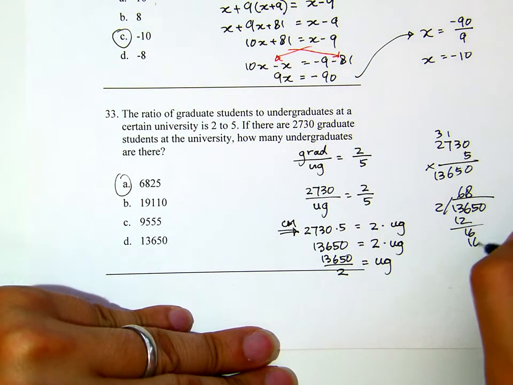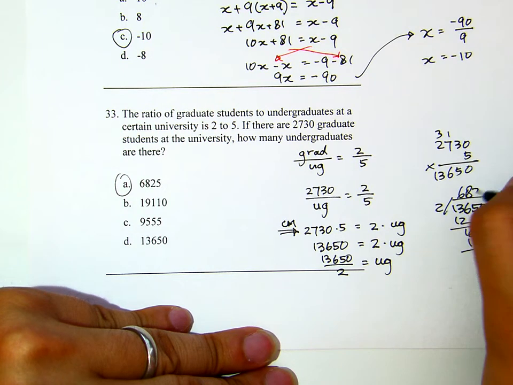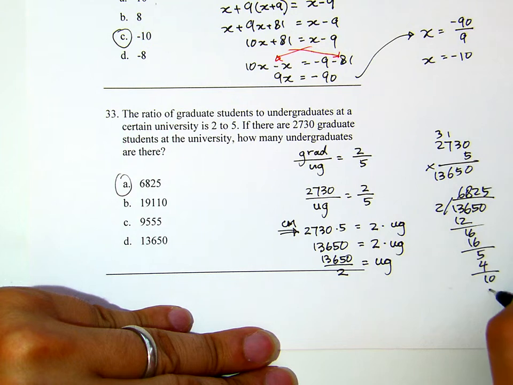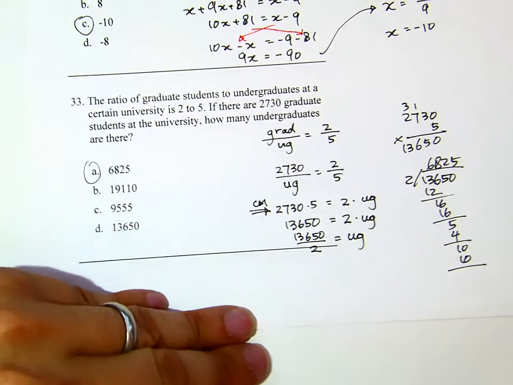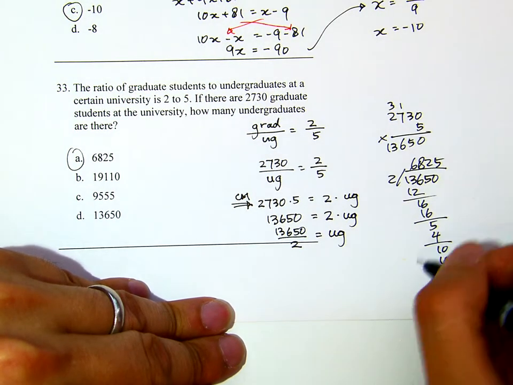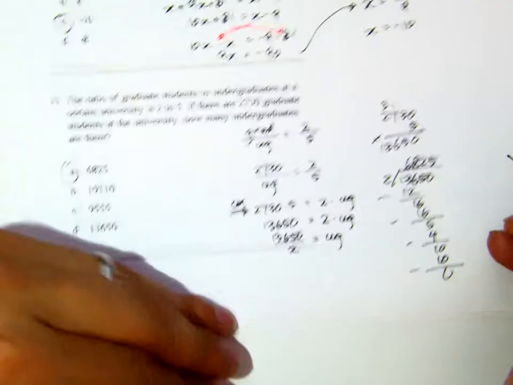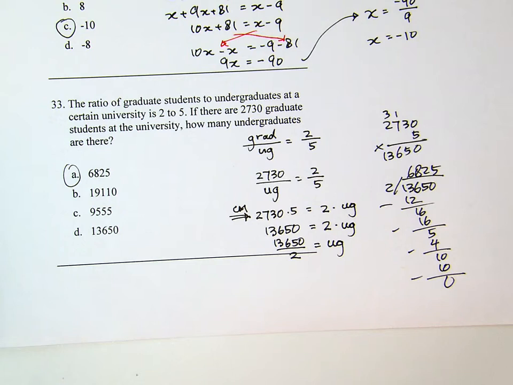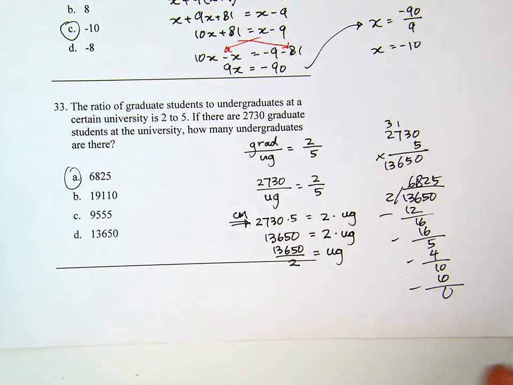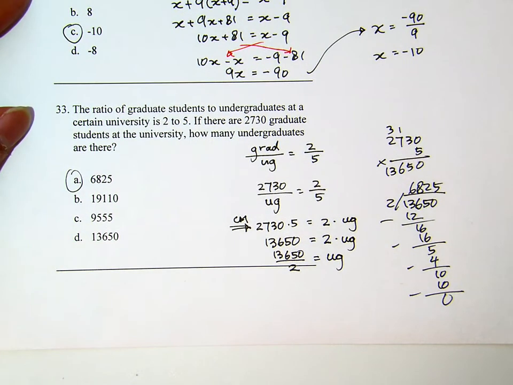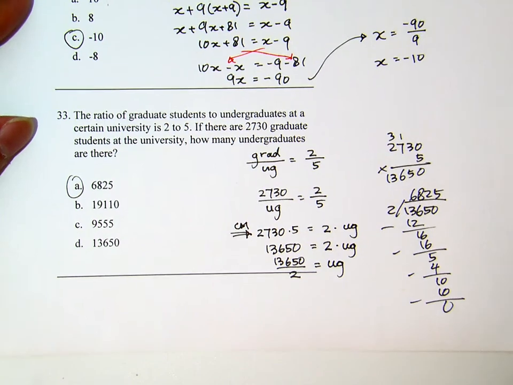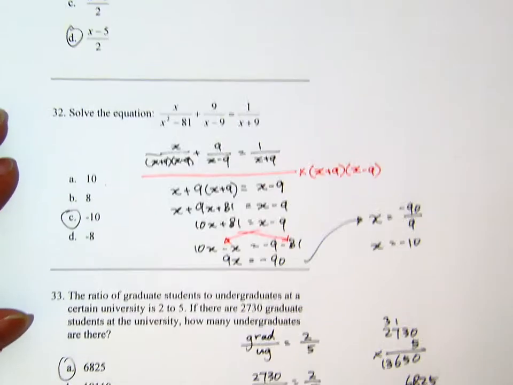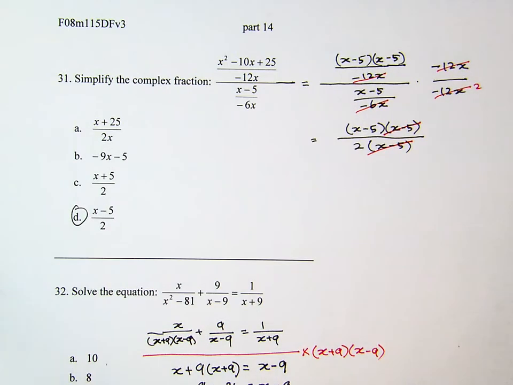But let me finish it. 5, that's for 2, 4 here, and then 10, that's 0. So that's the answer. The number of undergraduates will be 6,825. This is Fall 2008 Math 115 Department Final, version 3, number 31, 32, and 33.